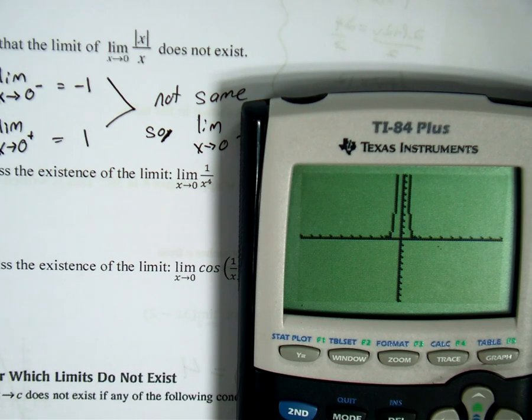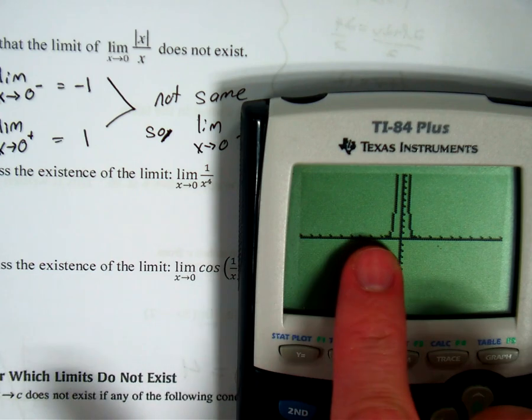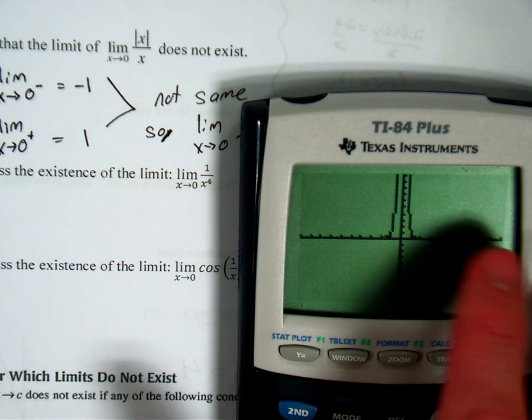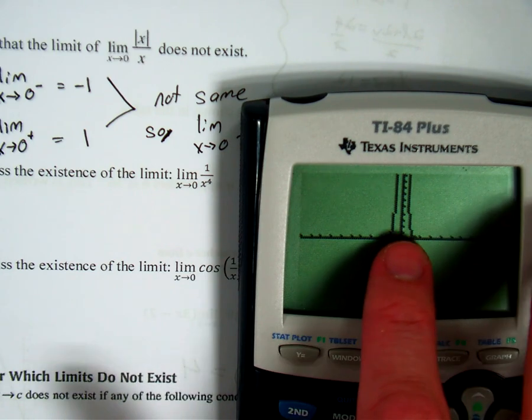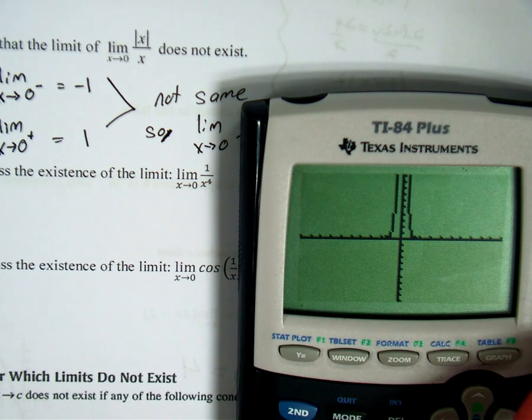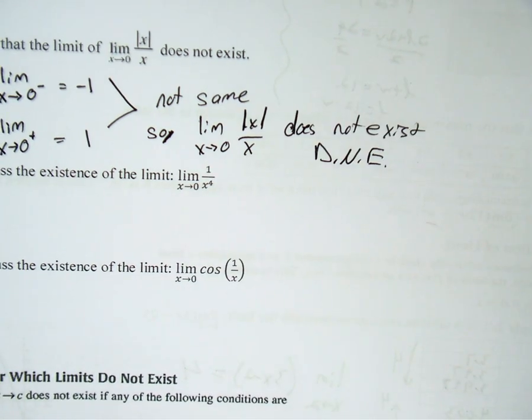Okay, so as I'm coming in from the left, it goes up to infinity. And as I come in from the right, it goes up to infinity. So you might say, oh, they both go to infinity, so the limit is infinity. But let's rewind.